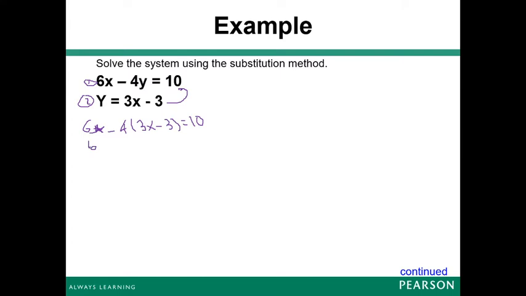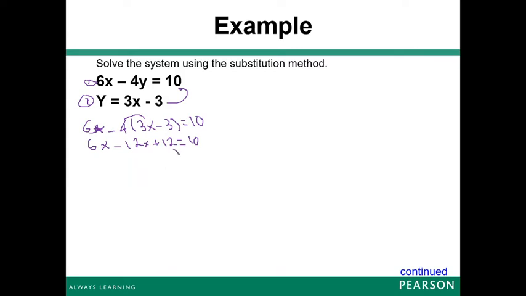Now 6x minus, we have to multiply the signs. Remember, minus times plus: minus 4 times 3x is minus 12x. Minus times minus is plus: 4 times 3 is 12, equal to 10. Now we can simplify the expression.